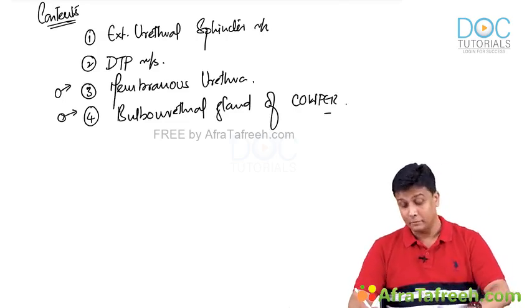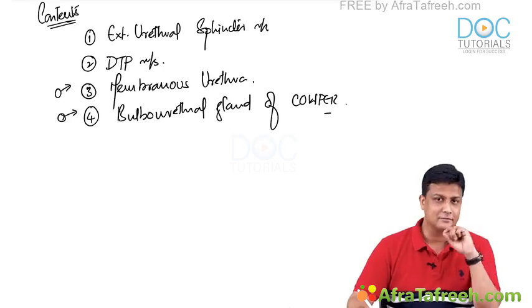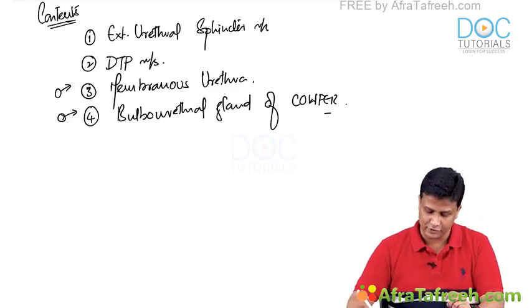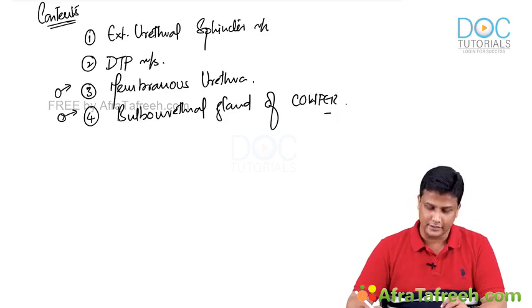But remember about the duct. I'm telling you again, the duct of Cowper's gland is present in the deep perineal pouch, and then it passes through the superficial perineal pouch also, guys. That is about the deep perineal pouch contents.